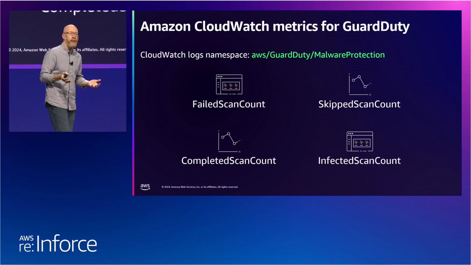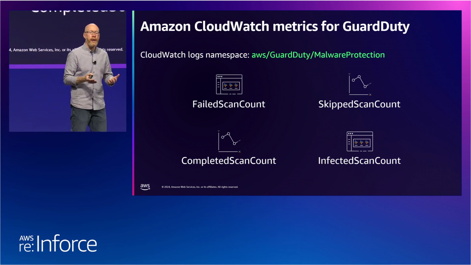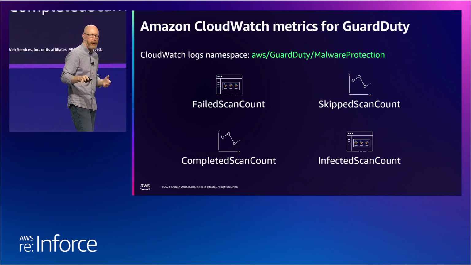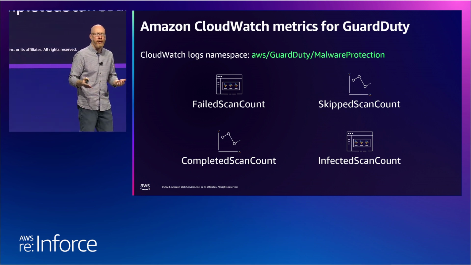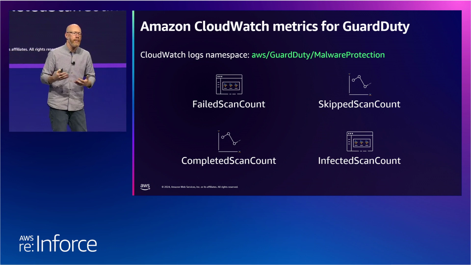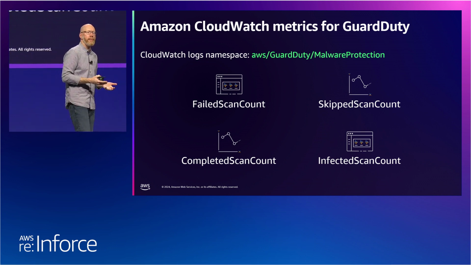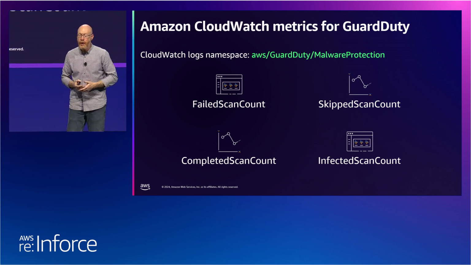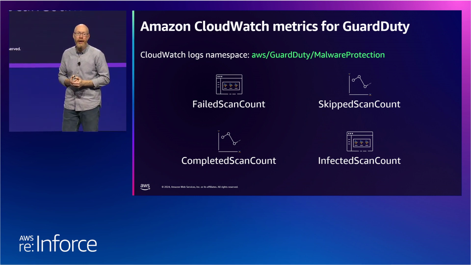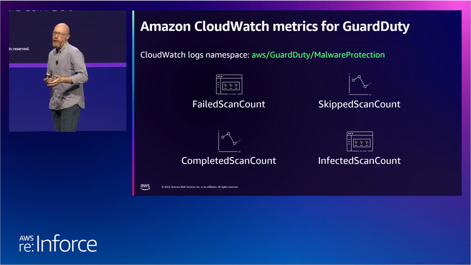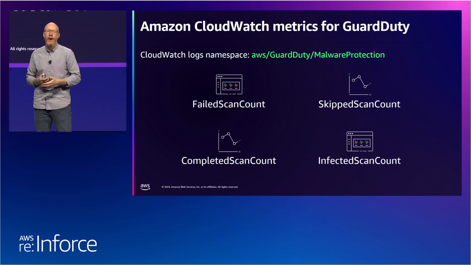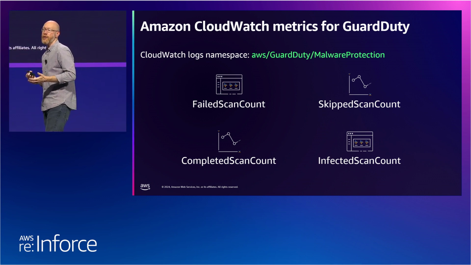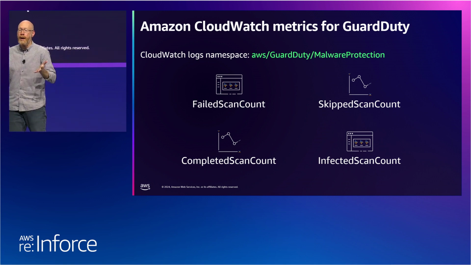The completed scan count, just to understand what our state is or how much scanning is happening on a daily basis. And then the infected scan count could also be used to help you understand across a larger time series how much infected data we are actually receiving from these untrusted sources, as well as you could use it as a threshold once again, that maybe you want to do a deeper dive into what's going on if you hit a certain amount of objects being infected in a certain day or across a certain time series.